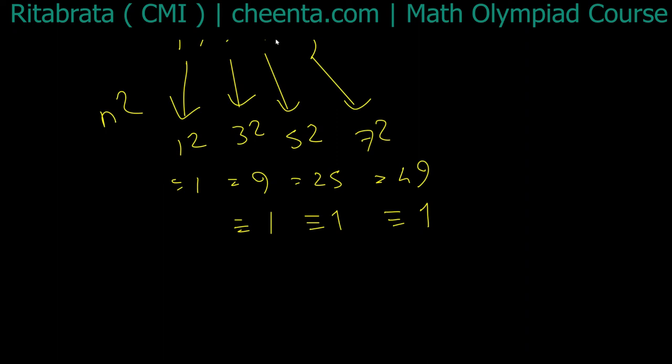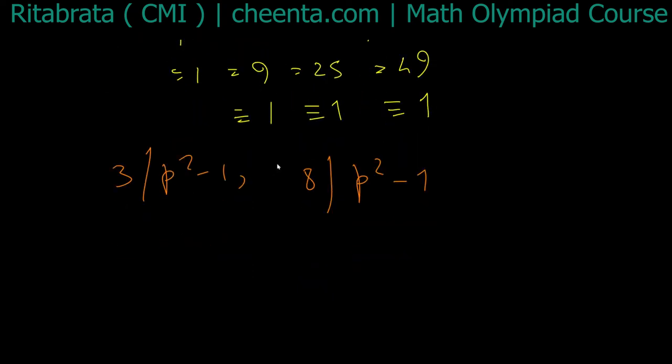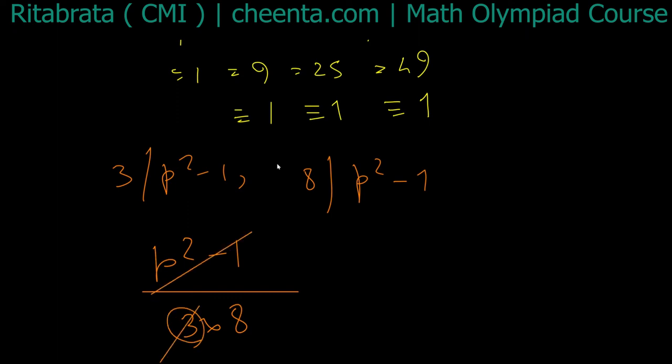So what we get is that 3 divides p square minus 1 and 8 divides p square minus 1, and 3 and 8 are co-prime. So p square minus 1 is divisible by 3 times 8 also, because after the 3 cancels part of p square minus 1, those parts cannot be cancelled by 8 because 3 and 8 have no common factors. So if we cancel out 3 from p square minus 1, in the numerator whatever we have left, 8 cancels that part, not any other part.